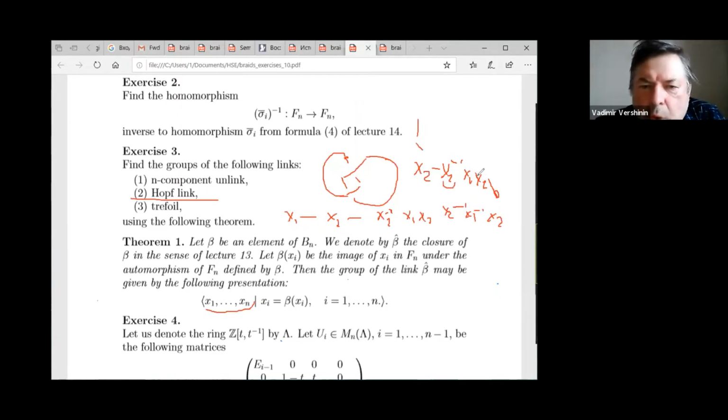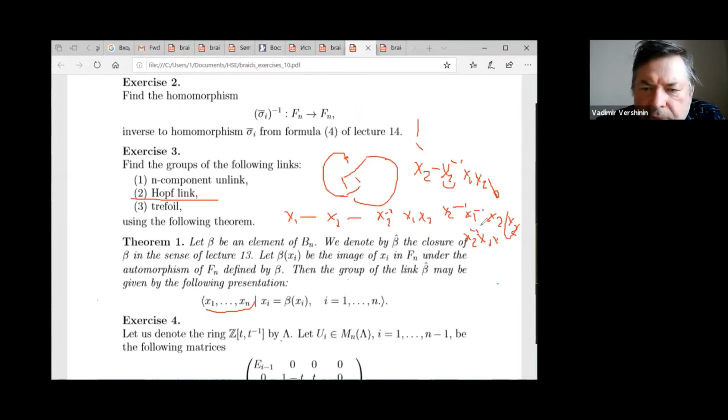Then x1 goes to x2, and x2 again goes to x2 minus 1, x1, x2.